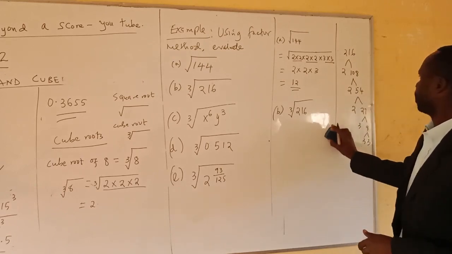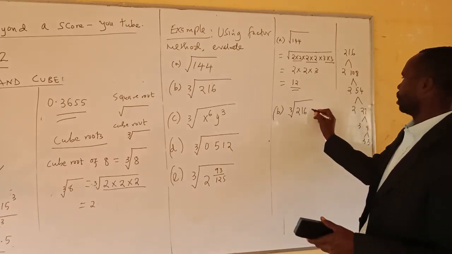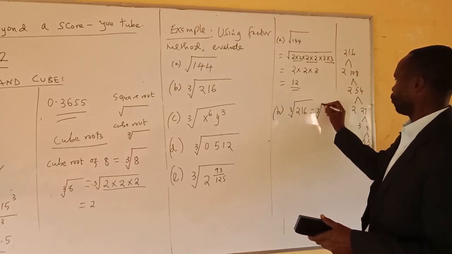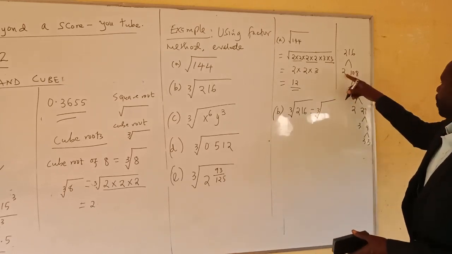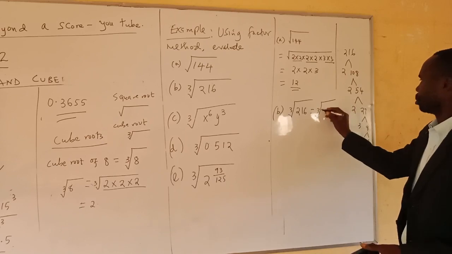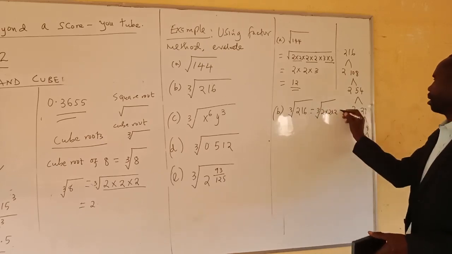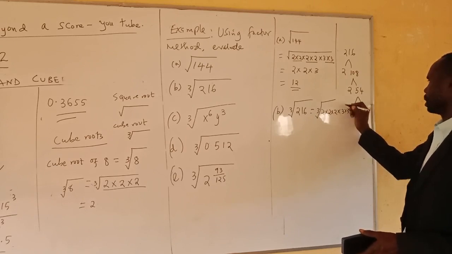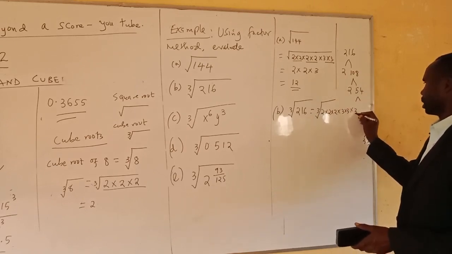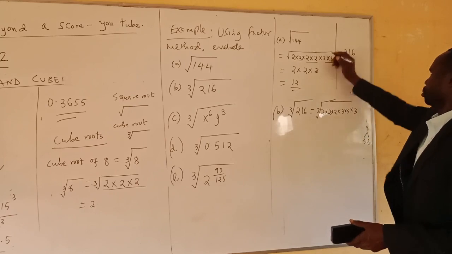So we write it as the cube root of 2 multiplied by 2 multiplied by 2, then 3 times 3 times 3, like that.